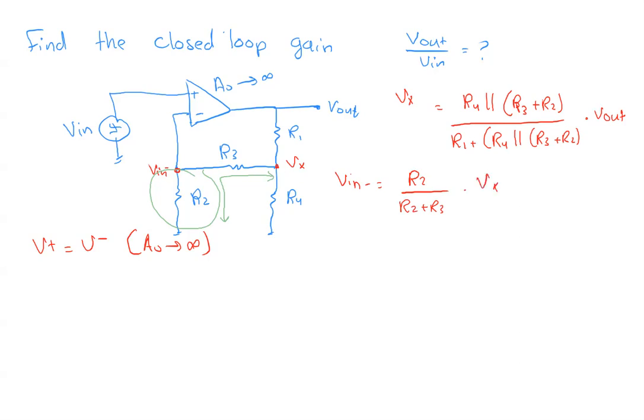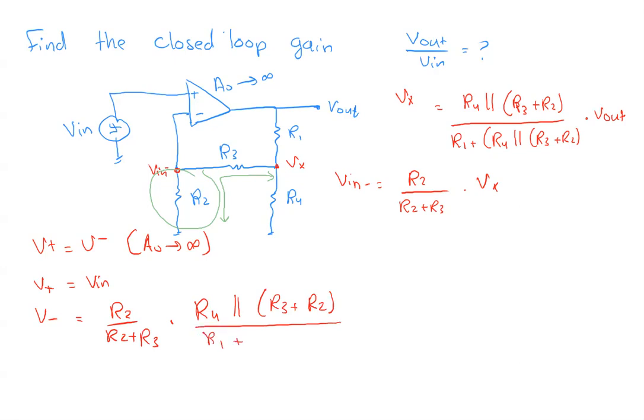So now V positive is just equal to Vn, and V negative is equal to R2 over R2 plus R3 multiplied with Vx, which is the entire expression, R4 in parallel with (R3 plus R2) over R1 plus R4 in parallel with (R3 plus R2), multiplied with V out.